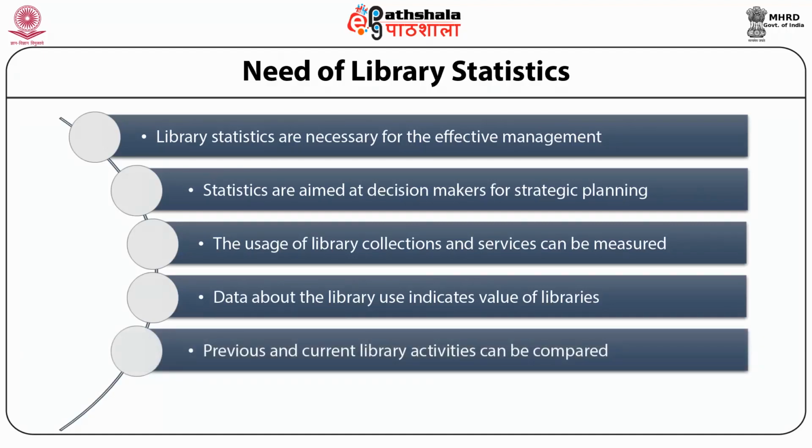Previous and current library activities can be compared. Previously, maybe you used to spend a lot of time procuring books. Now that digital documents have come up and you are purchasing fewer printed documents, you are also processing fewer, so less manpower is occupied in the book processing.